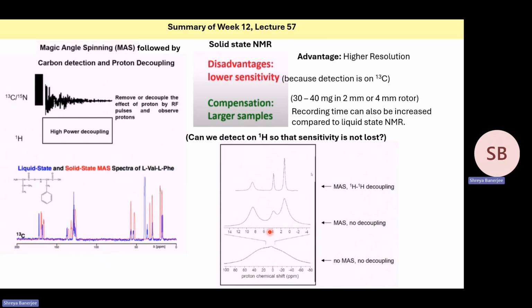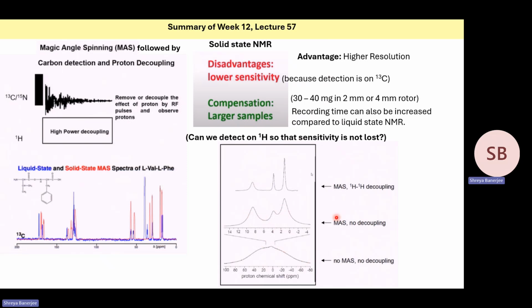So you can see here that if you have a solid state spectra where you have not done MAS and you have not done RF decoupling, it is very broad. Sorry, that is the lowest spectra. The lowest spectra is one where you have no MAS and no decoupling. It's an extremely broad spectra.